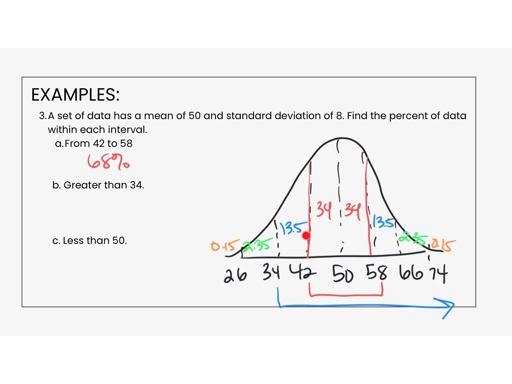So I could add the 13.5, 34, 34, 13.5, 2.35, 0.15, or I could take 100 minus what's to the left of it, which is 2.5%. So that's what I'm going to do. That would be 97.5. Either way, you should get that. And then less than 50, well, 50 is the mean. So what would be less than that would be 50%. There's going to be 50% above, 50% less.